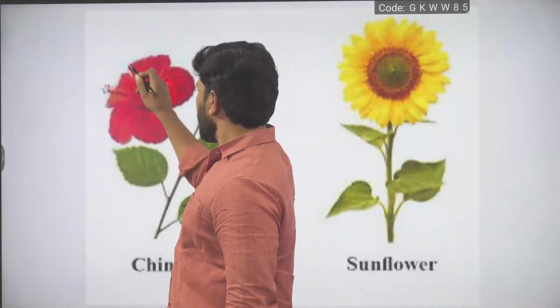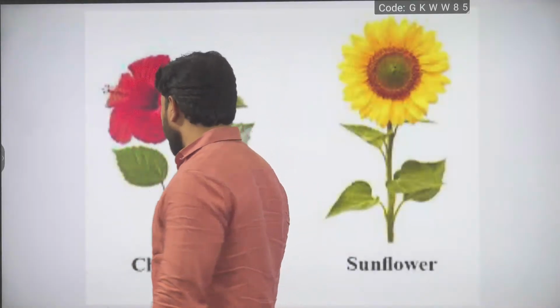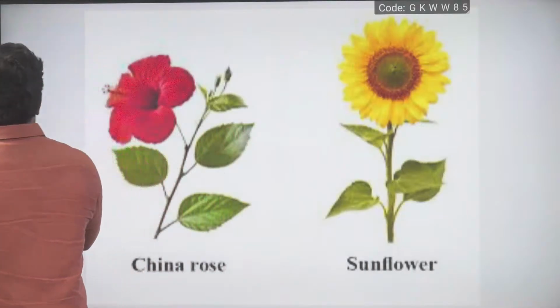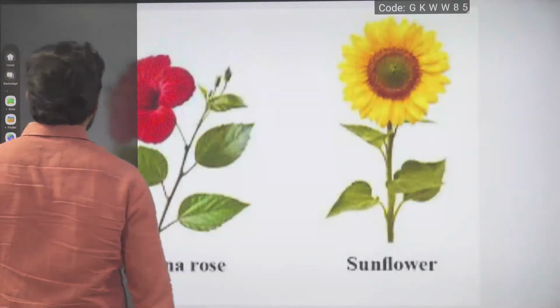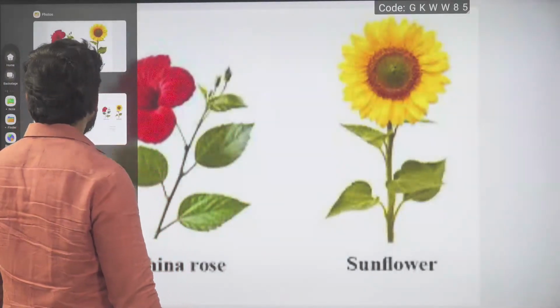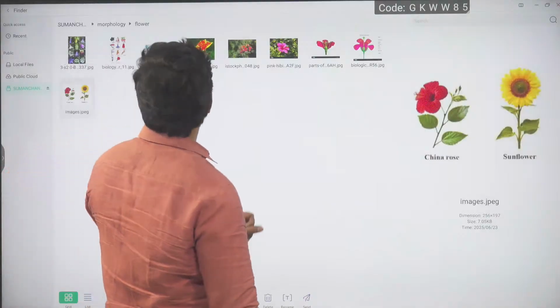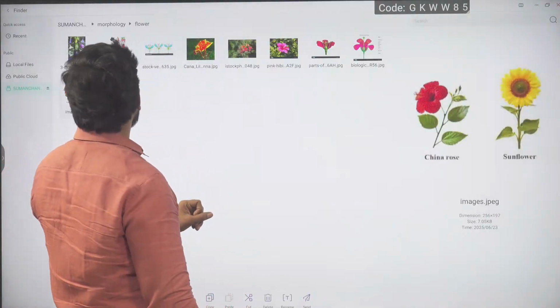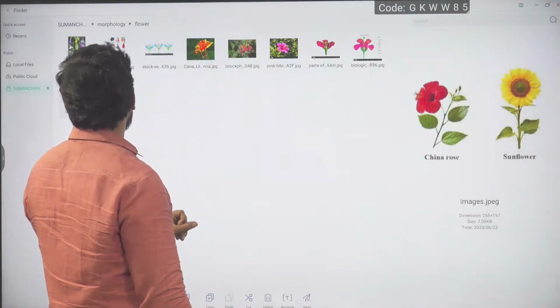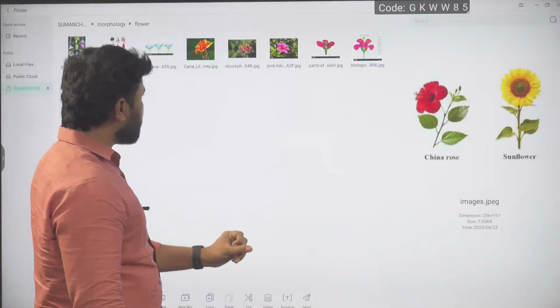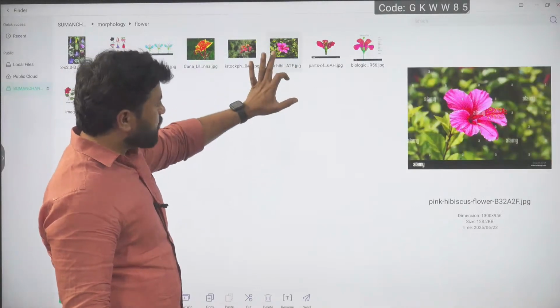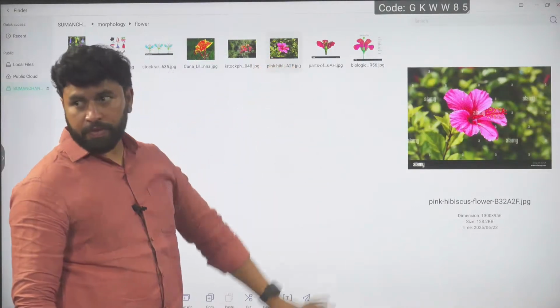This is called an actinomorphic flower. Zygomorphic flowers, we'll check them later on because there will be many types of flowers that we will check in Fabaceae members. This is an actinomorphic flower. Okay.